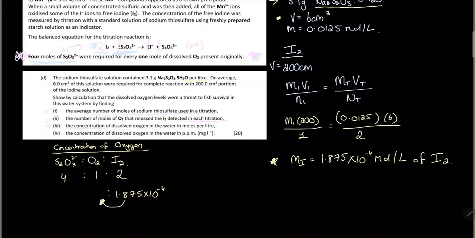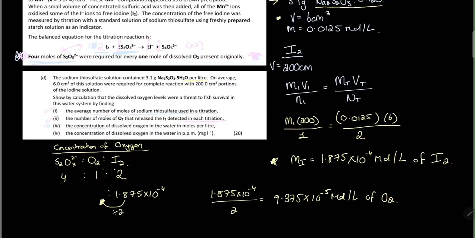I can see that's half of it, so I'm going to divide it by 2 because it's reacting in a 2-to-1 ratio. So I just take that number and divide it by 2. And that's the concentration of oxygen in moles per litre in the water.